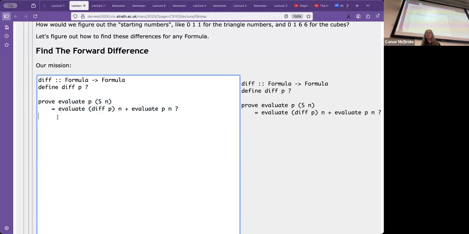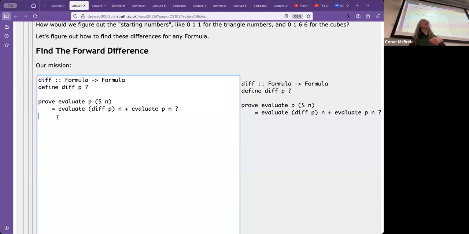You can see that starting from some formula P, we're going to compute a formula diff P, and diff P's job, diff P evaluated at n, should tell us what you have to add to P at n to get P at n plus 1.